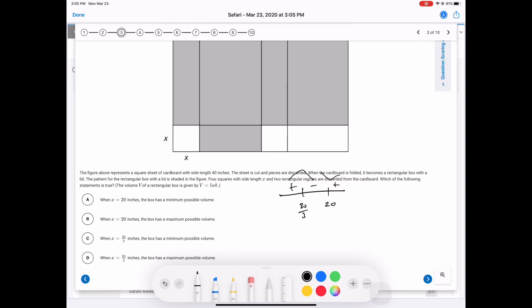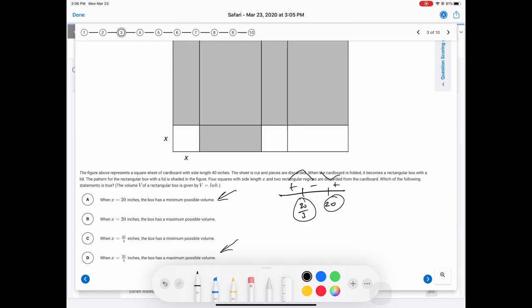Oops. The problem is, are both these answers valid? Because we see the answer here, that's a minimum, right? And this is a maximum. So which of these are right?